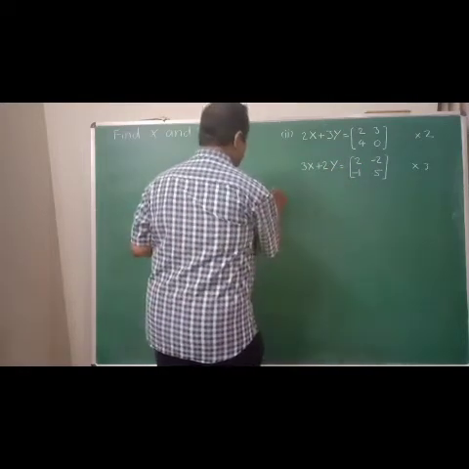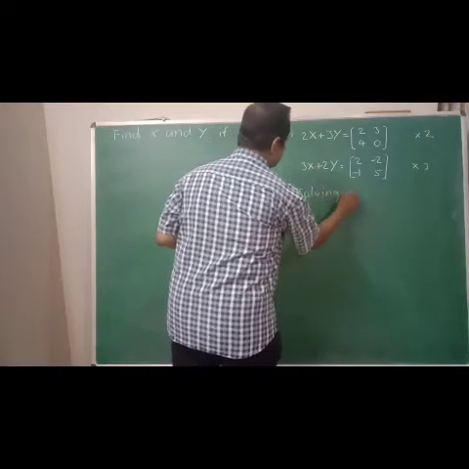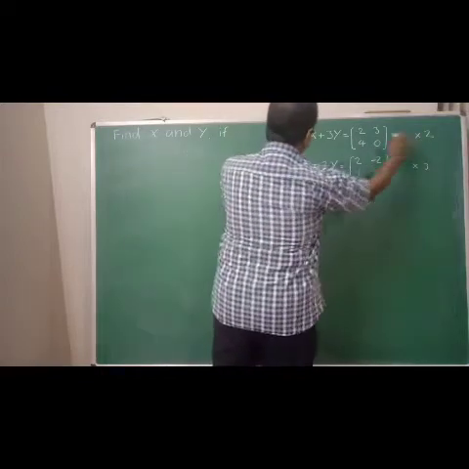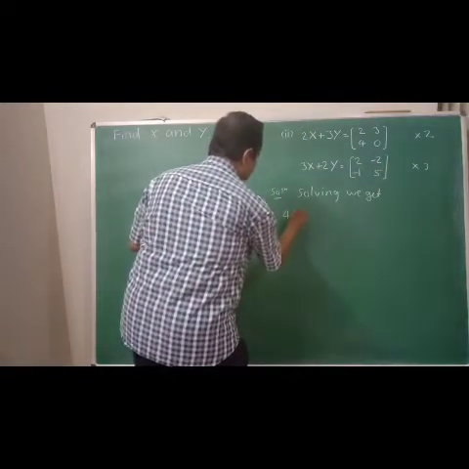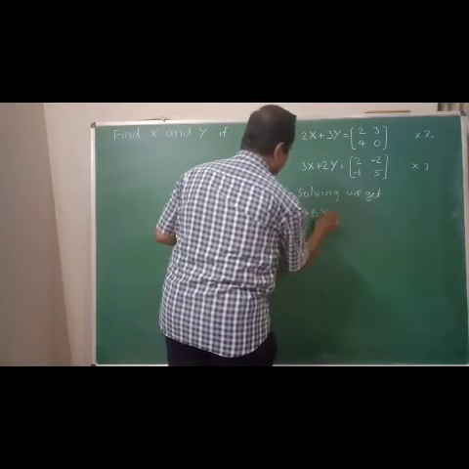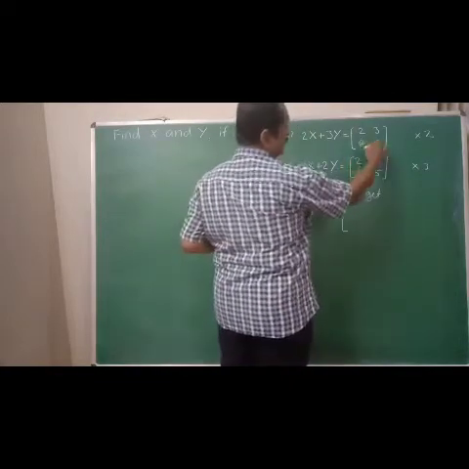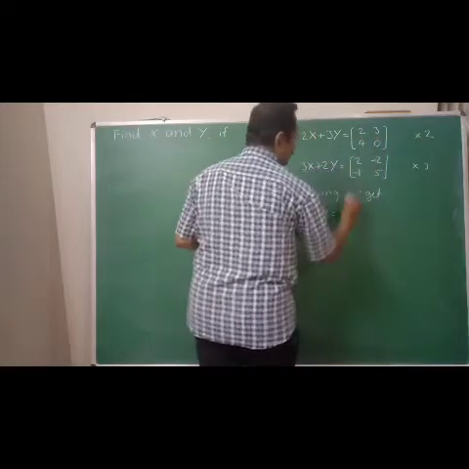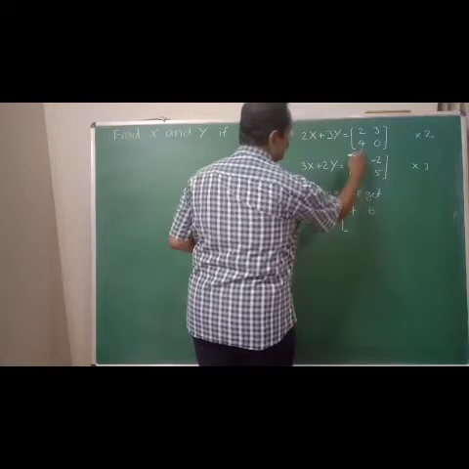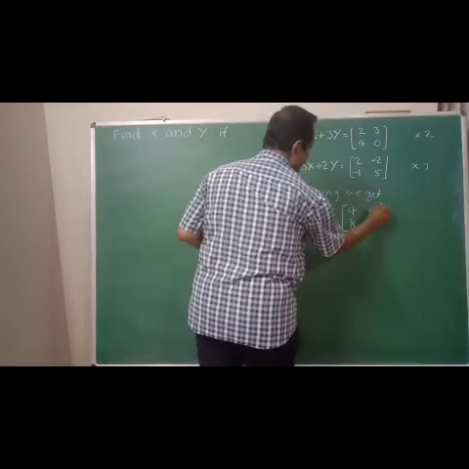Solving, we get 2 into 2 becomes 4. So 4x plus 3 into 2 becomes 6y is equal to, multiply each element by 2. 2 into 2 becomes 4. 3 twos are 6. 4 twos are 8. 0 into 2 becomes 0.